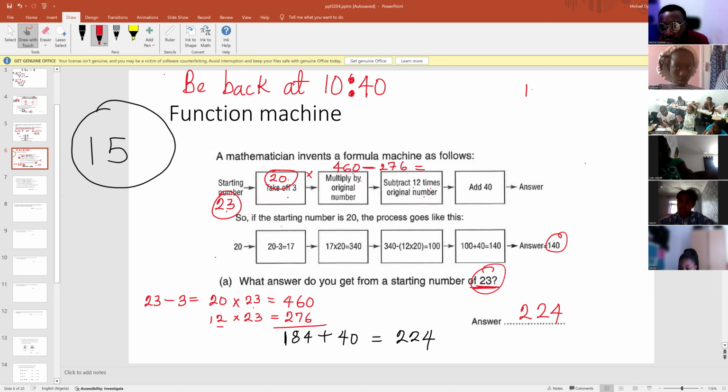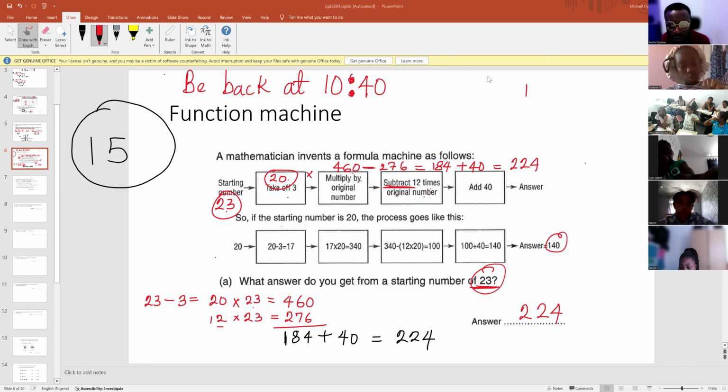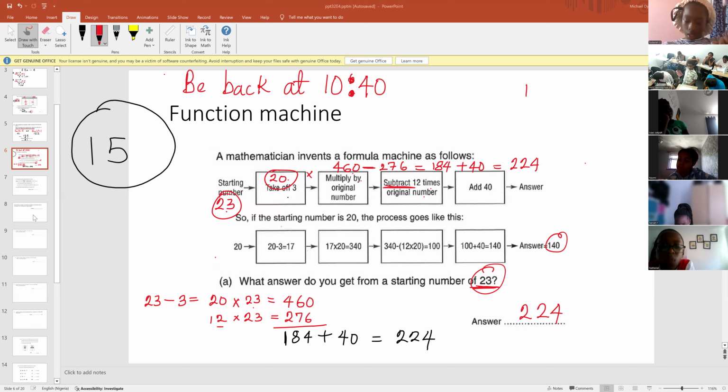You added 40 to 276, but you are supposed to subtract. Oh, yeah. So you take it away from 460, which will be 184. I got 184, so that plus 40 equals 224.